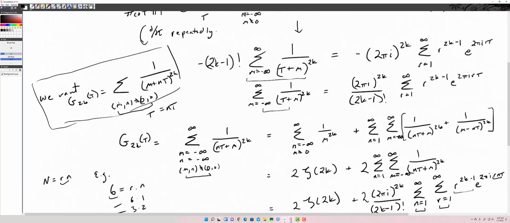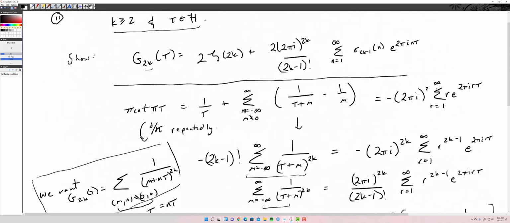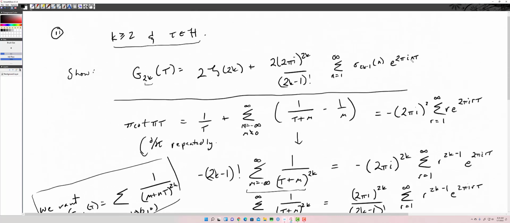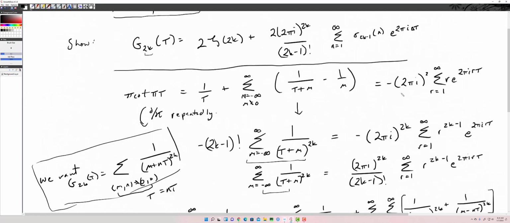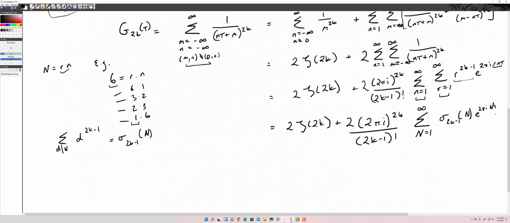And this is what I have up top here. I think they used little n, as I said before. But this is how you get it. And this is how this sum of divisors thing comes in. You're just combining two, and you have this little power here.